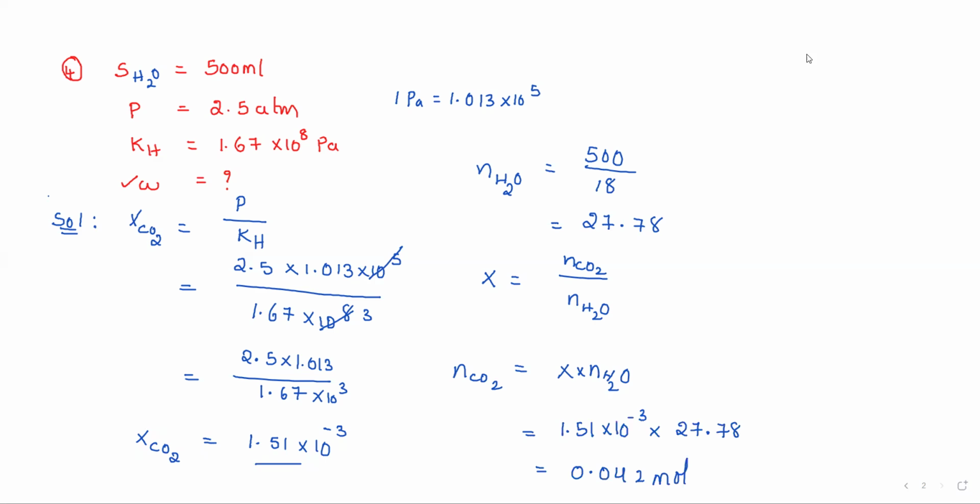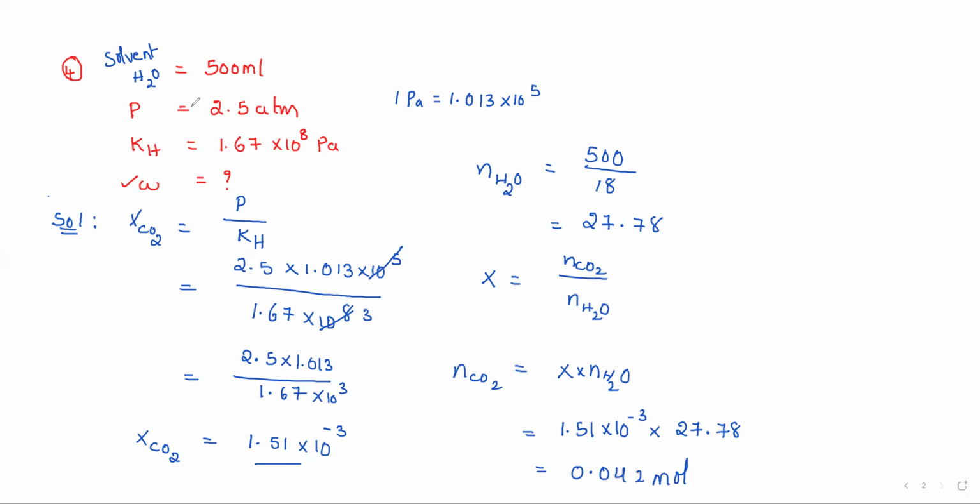One more time I am going to explain. According to the data, you have the solvent weight, that is 500 ml. This is solvent, water. And then pressure equal to 2.5 atm.